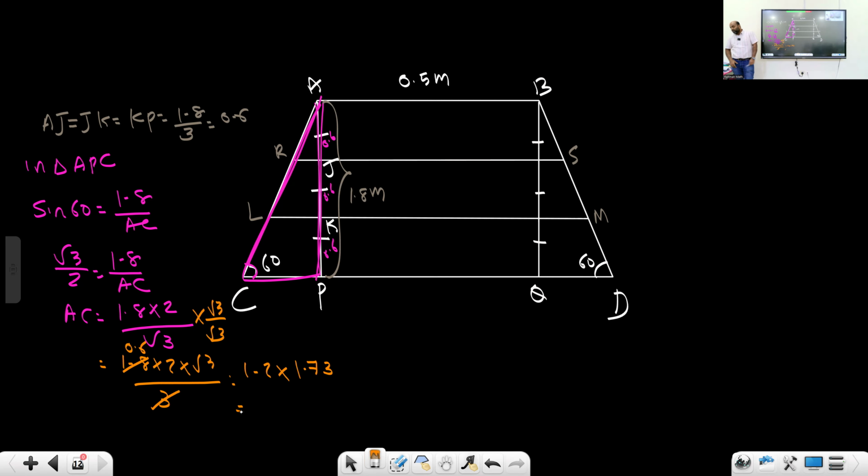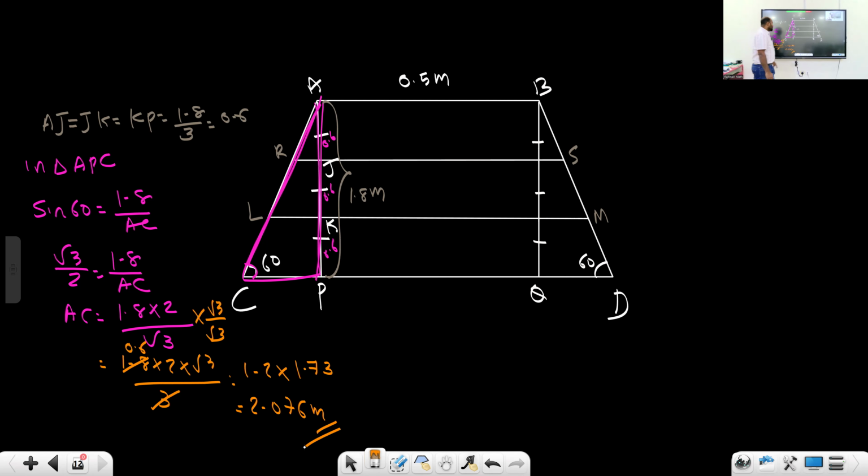The root 3 value you have to substitute. 1.2 into 1.73 is 2.076 meter. Clear?